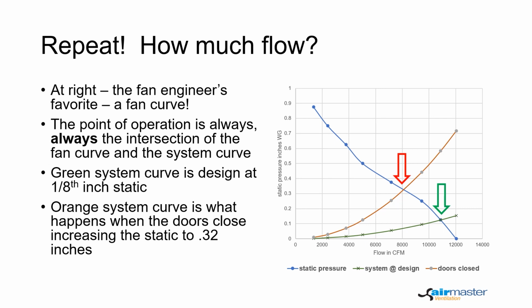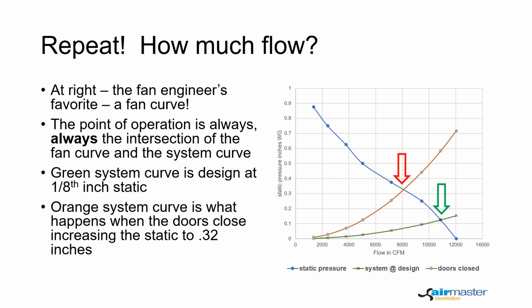Okay, I admit it. Like most everyone, I can be a little lazy from time to time. So this is a slide from a previous presentation, but I'm showing it here again because it does bear on the issue at hand, which is measuring actual airflow. Again, the actual operating point of a fan is always the intersection of the fan curve and the system curve, and it's not necessarily where you want it to be.